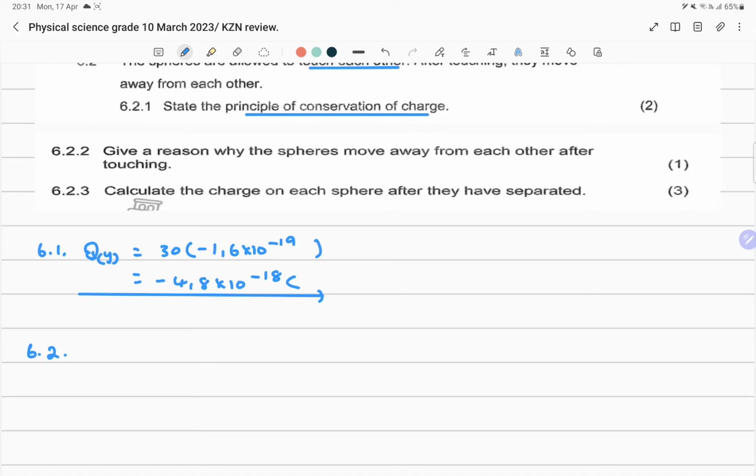All right, not a problem. So now to put it nicely, we can just say the total charge in an isolated, sometimes you can use the word closed, system is constant.